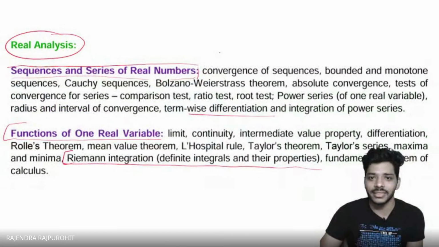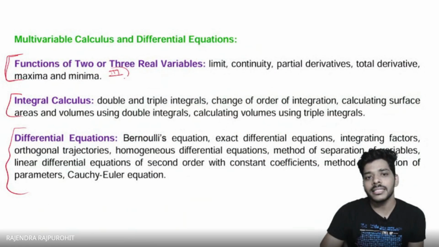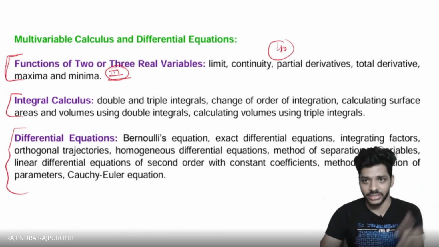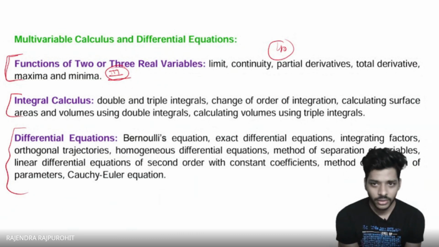Okay, and let's talk about this part. Let's consider this as first, this as second, and this as third. These combined contributed 40 marks in your exam. So if you have real analysis alone, I'll call these three units, if you have these three units alone, you can get whatever university you want.